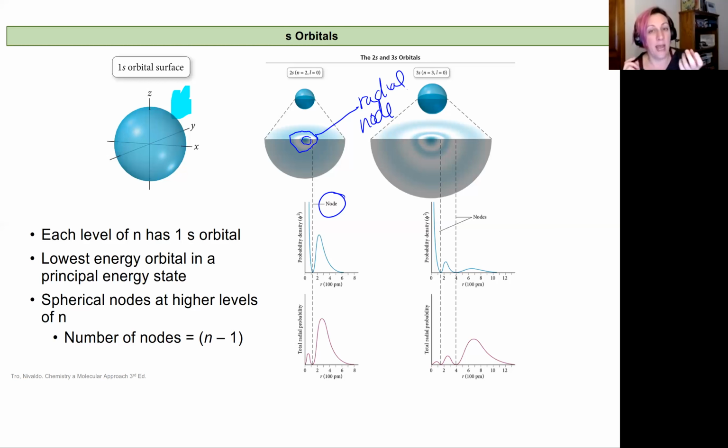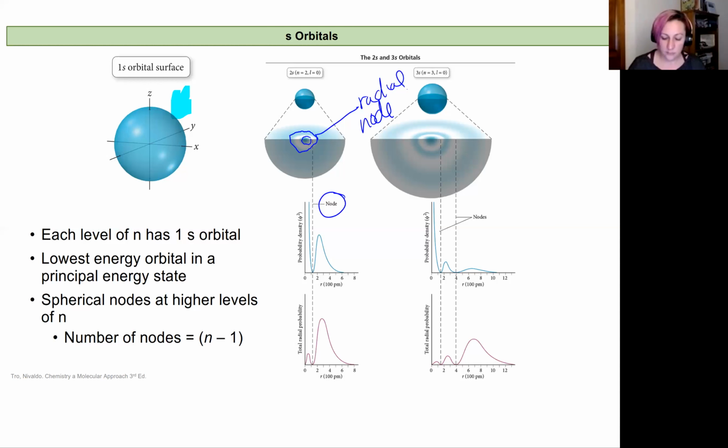And like if you hate the lemon flavor, you can imagine that that lemon flavor is the node. You're happy enjoying this candy until you hit the lemon layer of it, and then you're unhappy, and then you get past it to grape and you're happy again. And that unhappiness moment while you're sucking on the lemon flavor is your node of 0 electron probability.